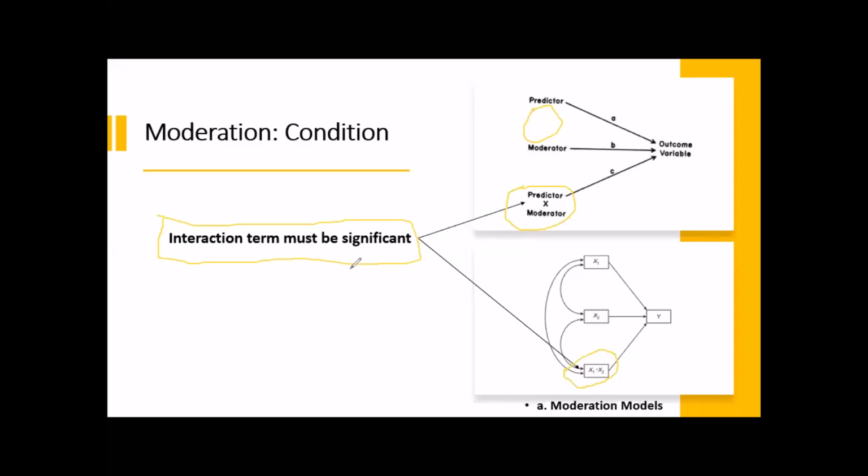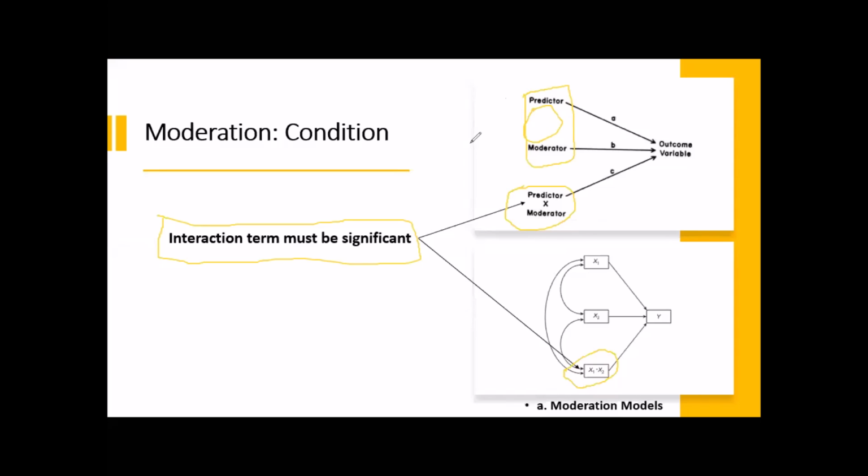Either the predictor, the independent variable, can be significantly associated with the dependent variable, or the moderator can also be significantly related to the outcome variable. But there is another condition: there is no significant relationship between predictor and the moderator.